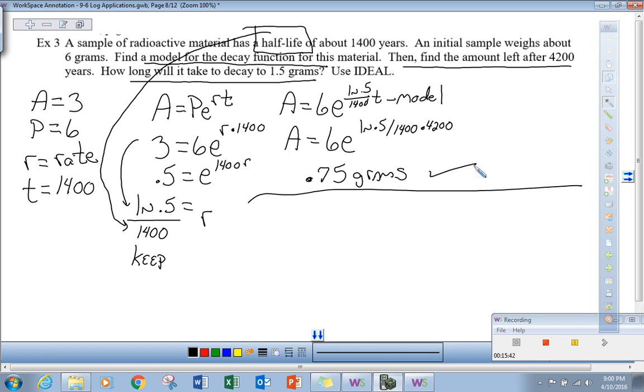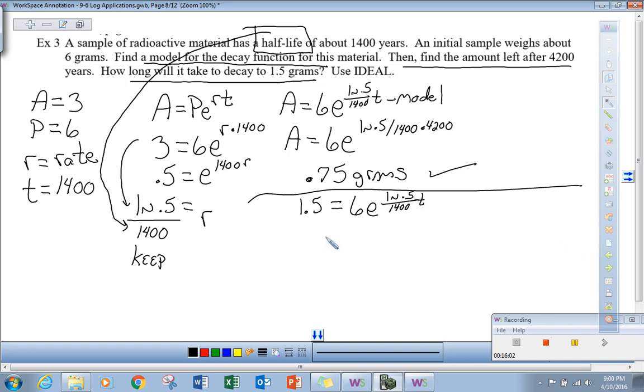And like I said, we'll put this in a sentence, which I have on the next page. Now let's answer the last part. How long will it take to decay to 1.5 grams? Well, my future amount's going to be 1.5. My formula is 6e to the natural log of 0.5 over 1400t. And then we'll solve this.